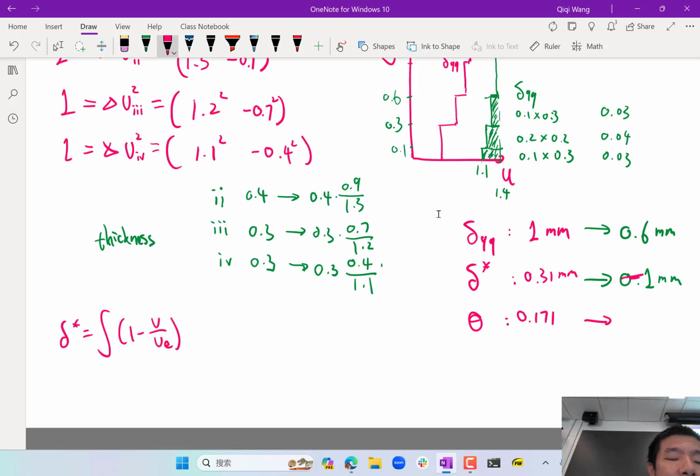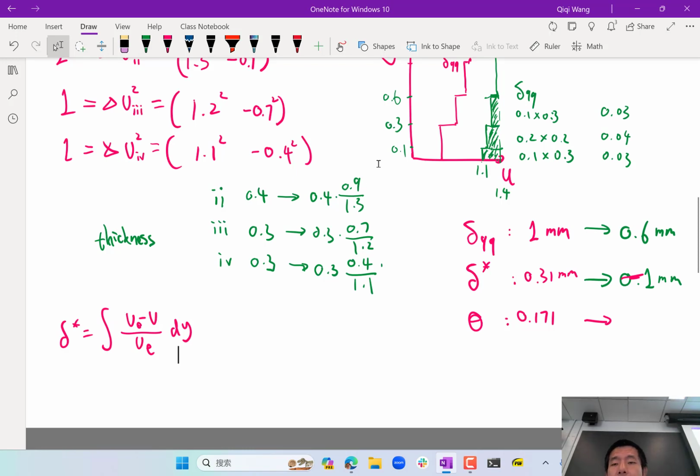I computed ue minus u, so let me write it in another form: the integral of ue minus u divided by ue times dy, which is the same as 1 minus u over ue. In this calculation, the first number is just ue minus u, the difference between the free stream and the boundary layer velocity, without dividing by ue.